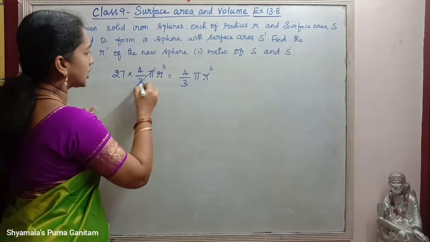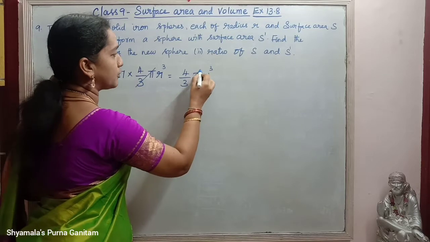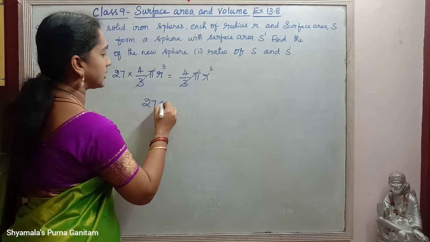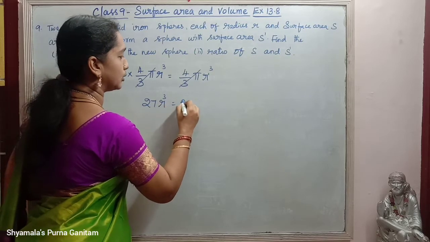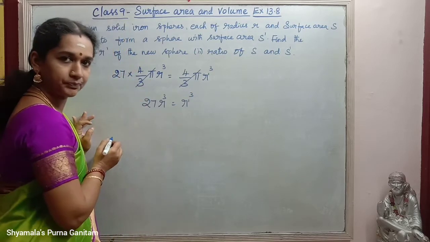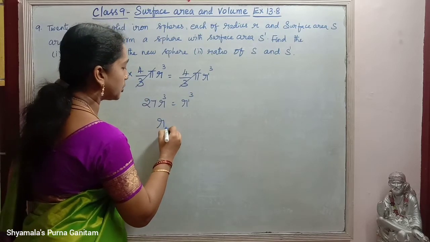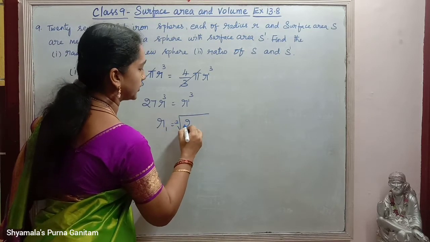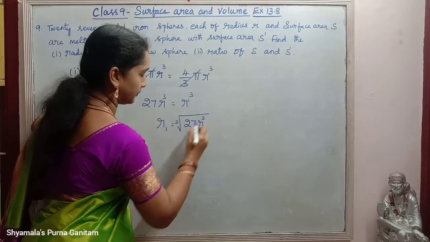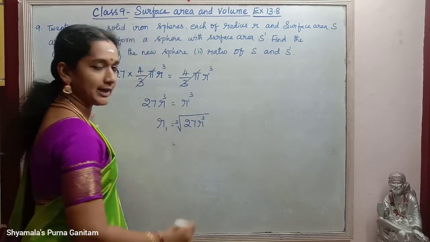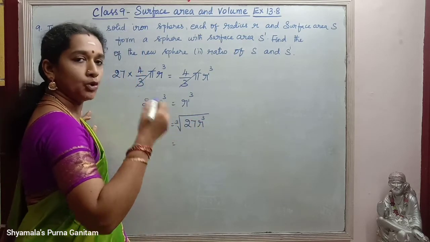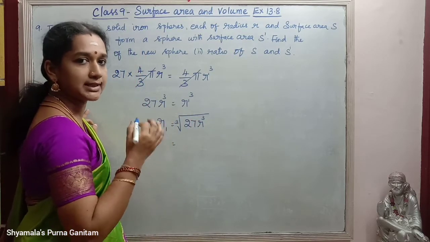In this, 4 by 3 pi and 4 by 3 pi will get cancelled. So here I will get 27 r cube is equal to R1 cube. So R1 is equal to the cube root of 27 r cube. The cube root of 27 is 3, since 3 cube is 27, and the cube root of r cube is r.